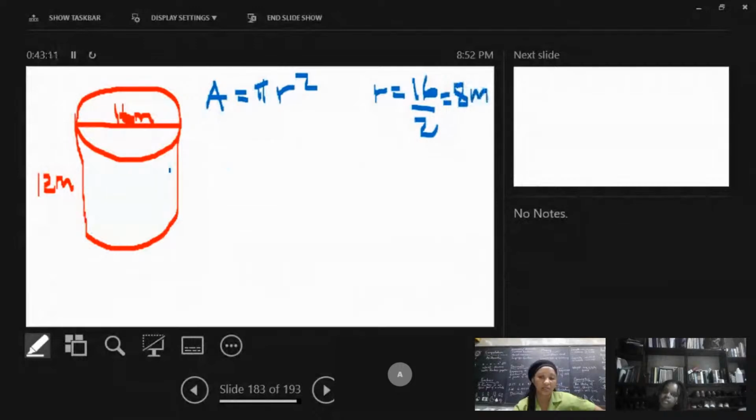Now we can continue. So the area is, Miss, 22 over 7. Well, no, 3.14 instead. 3.14 times 8 meters times 8 meters.